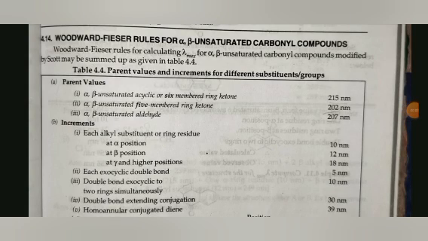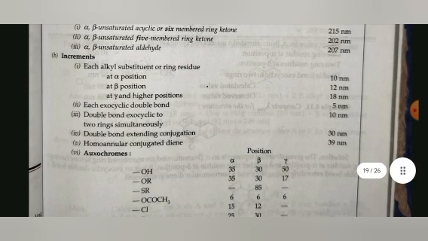Woodward-Fieser rule for alpha-beta unsaturated carbonyl compounds. The Woodward-Fieser rule for calculating lambda max for alpha-beta unsaturated carbonyl compounds, as modified by Scott, may be summed up as given below in table 4.4. Parent values: alpha-beta unsaturated acyclic or 6-membered ring ketone is 215 nanometer. Alpha-beta unsaturated 5-membered ring ketone is 202 nanometer. Alpha-beta unsaturated aldehyde is 207 nanometer. Increments: each alkyl substituent or ring residue at alpha position 10 nanometer, beta position 12 nanometer, and gamma and higher positions 18 nanometer.